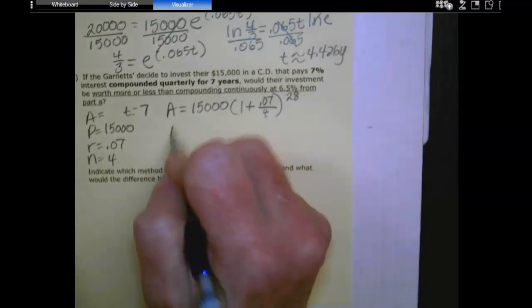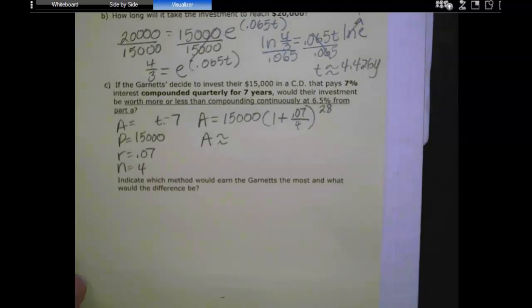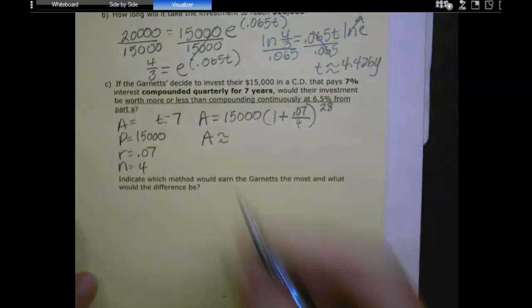So y'all, before I write down how much I got, which do you think is more, continuous or quarterly? Continuous, right? Because they're doing it every day, so you'd have more money.